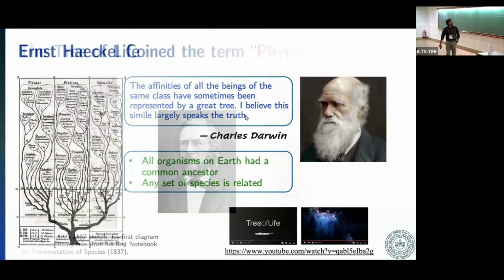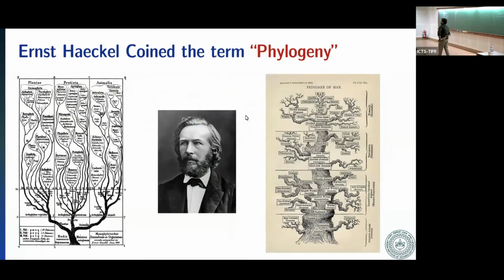In fact, this research was carried forward by other biologists as well. There was a German zoologist, Ernst Haeckel, who coined this term phylogenetics, or phylogeny. And here I am showing you some of the trees which were constructed by this person.